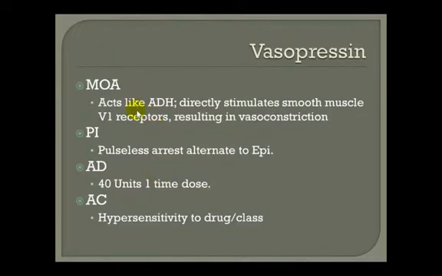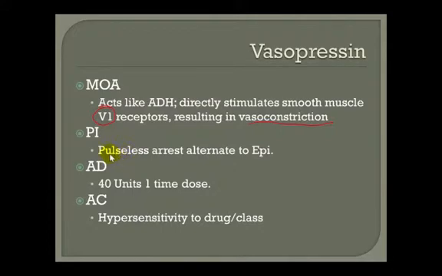Vasopressin is on our list too. This acts like ADH, antidiuretic hormone. It would essentially squeeze out what remaining catecholamine that you would have stored in your adrenal glands. Now, what this does is this gives us not only a V1 receptor, which is a vasoconstriction, but it also makes available our catecholamine stores.